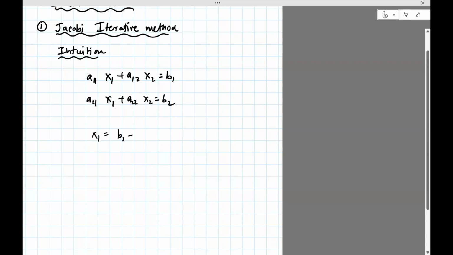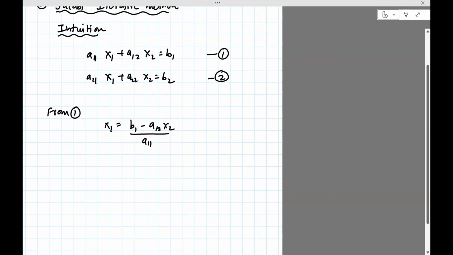So x1 equals b1 minus a12 x2 divided by a11. And then we'll write another equation for x2 from equation 2. So x2 equals b2 minus a21 x1 divided by a22.